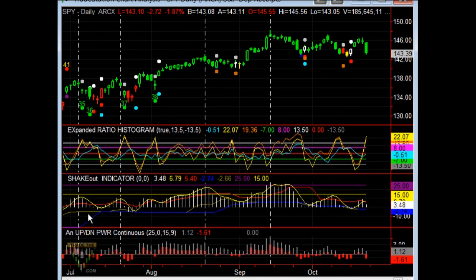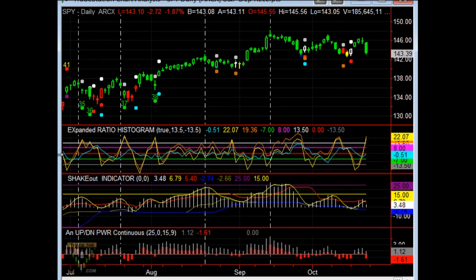Commonly, people look for overbought and oversold, and within that, our shakeout indicator is very effective in determining that. The white histogram as it rises is giving us an indication, as long as it's above zero, that we are in green trend and moving higher. However, when we get a lower histogram reading, it indicates to us that we're about to have some type of a correction.